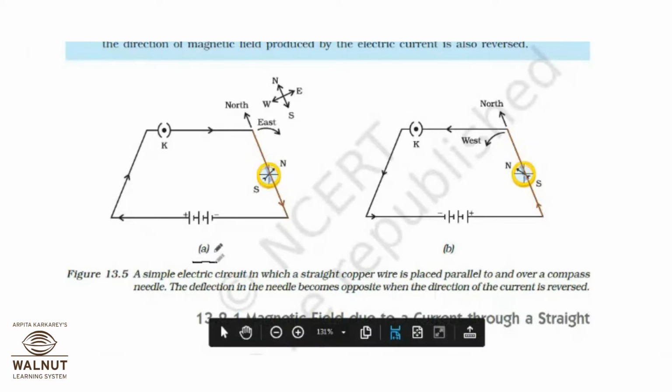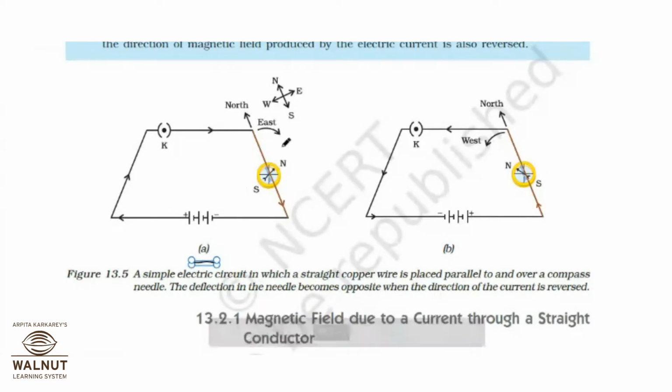If you see figure 13.5a, the current is flowing from positive to negative, and over here the conductor is there, so the current is going like this in the downward direction. Okay, arrow is like this. So when we keep a compass needle nearby to that conductor, we can see the deflection in the east direction. You can follow these conventions. Okay, so you can see the needle being deflected in the east direction.